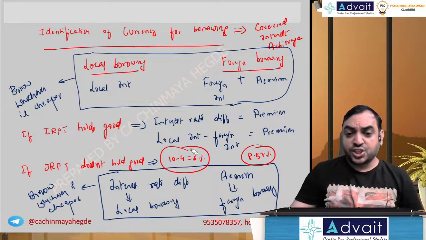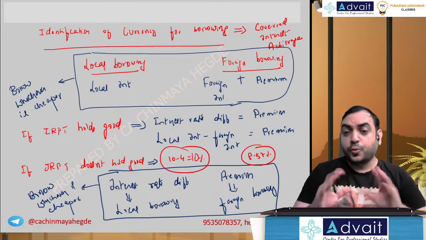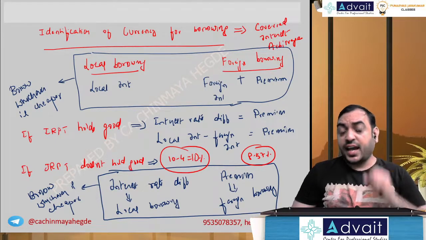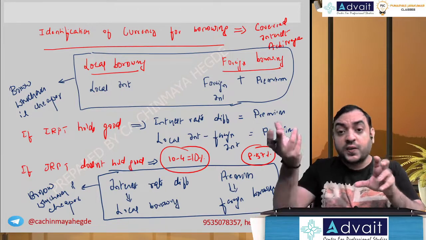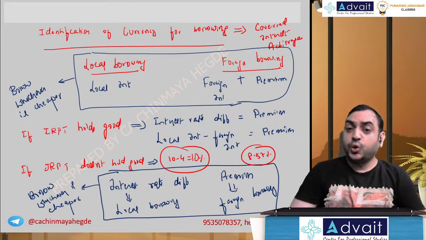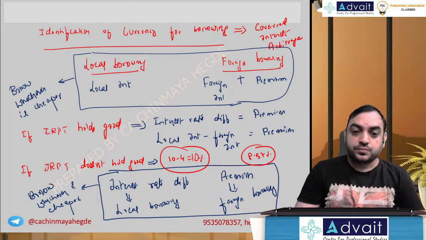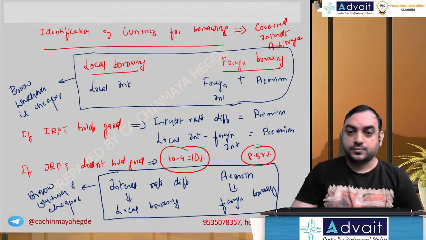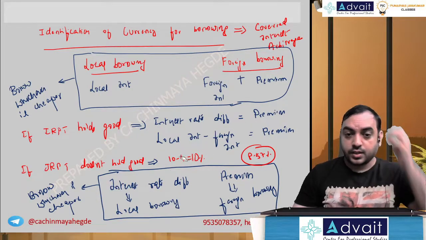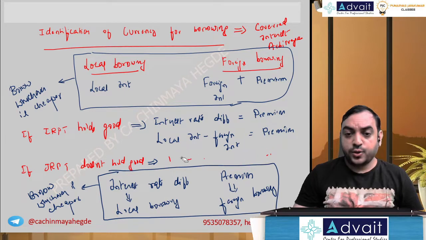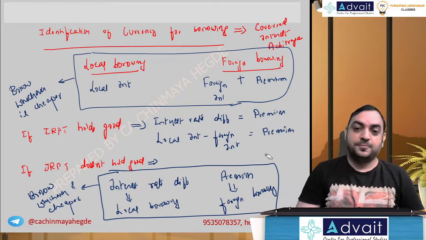Suppose the interest rate differential is 7%, then also it's borrowing. If the interest rate differential is, let's say, 10%, then which is the higher rate? It's better to borrow in foreign currency and make a deposit in local currency. I hope you are able to understand this clearly.